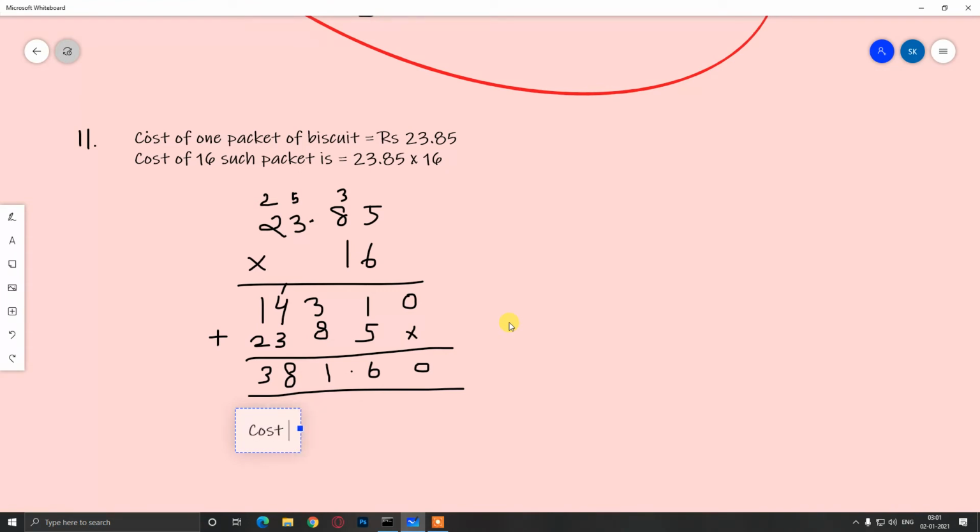Hence, cost of 16 packets of biscuit is equal to rupees 381.60. Okay.